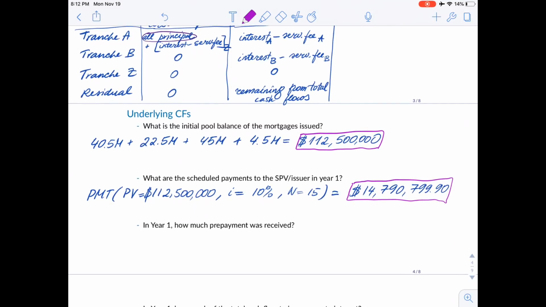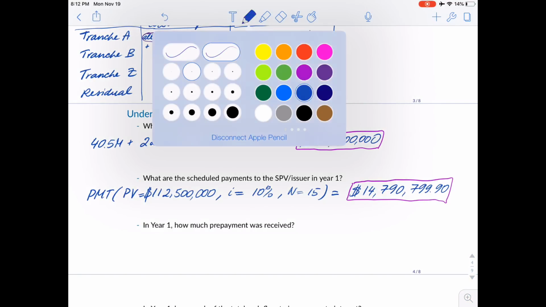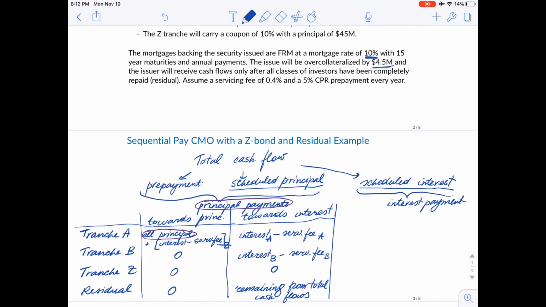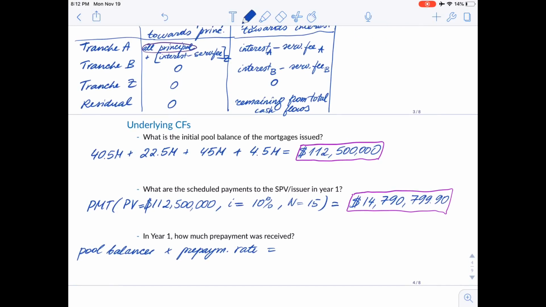In year one, how much prepayment was received? So for the prepayment, we always multiply the pool balance times prepayment rate. We are given that the prepayment is 5% conditional prepayment rate. This is an annual problem, so we just take that as is, and the pool balance in the beginning is $112,500,000, and we multiply that by 5%.